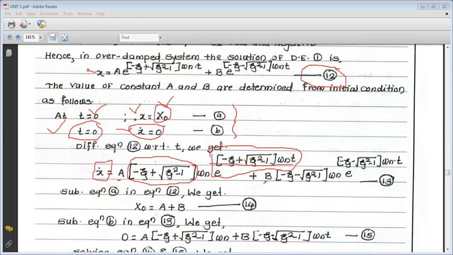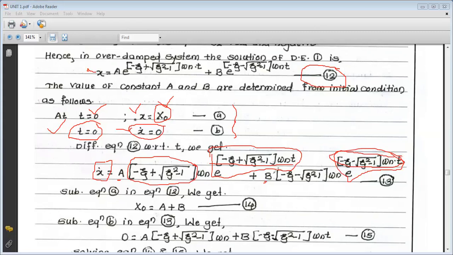Differentiating this term, e raised to x is the same, e raised to x. So we get e raised to minus zeta square minus 1 omega n t. Now again differentiate d by dt of this term. In this, these are constant and dt by dt is 1. So we get b times minus zeta square minus 1 omega n.